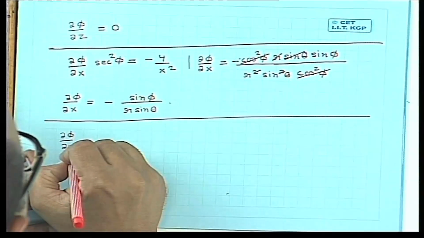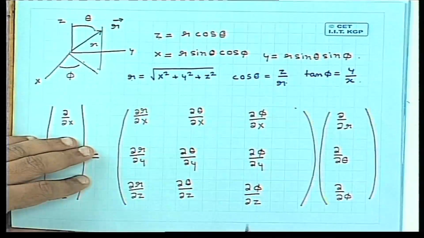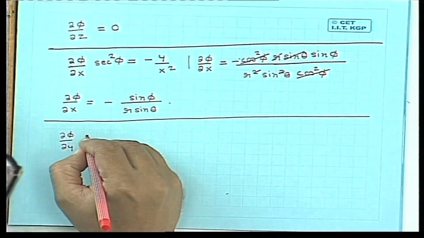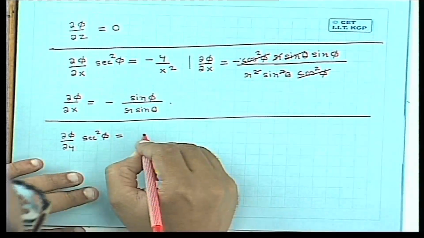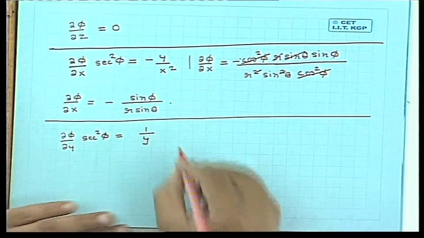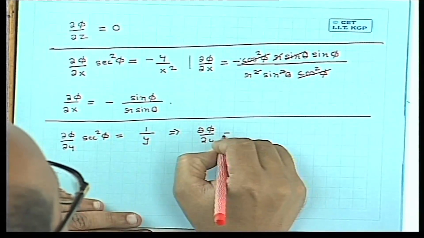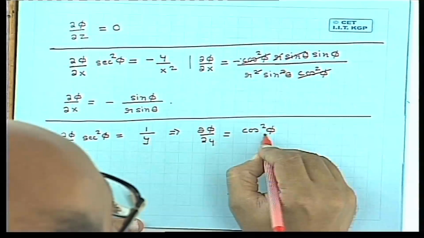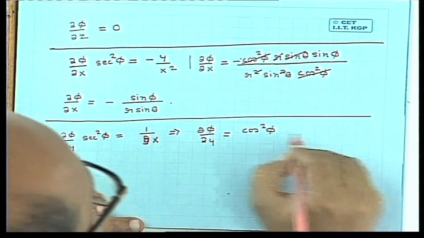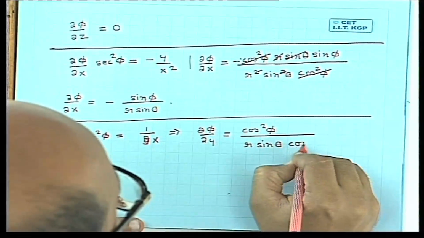So, again we have to differentiate tan phi is equal to y by x, and if I differentiate this, then what I get is sec square phi is equal to, now just the y gets differentiated and this is equal to 1 by x, which tells us that del phi del y is equal to cos square phi, this gives you a cos square phi there, divided by x, and x is equal to r sin theta cos phi.